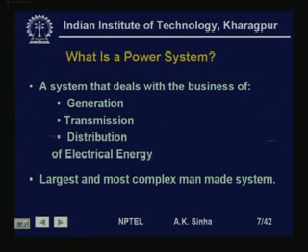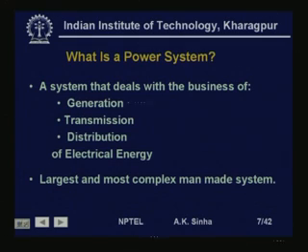That is, a business which deals with all three aspects, generation, transmission and distribution of electrical energy up to the consumers, consists of a power system. That is, these make up the power system.